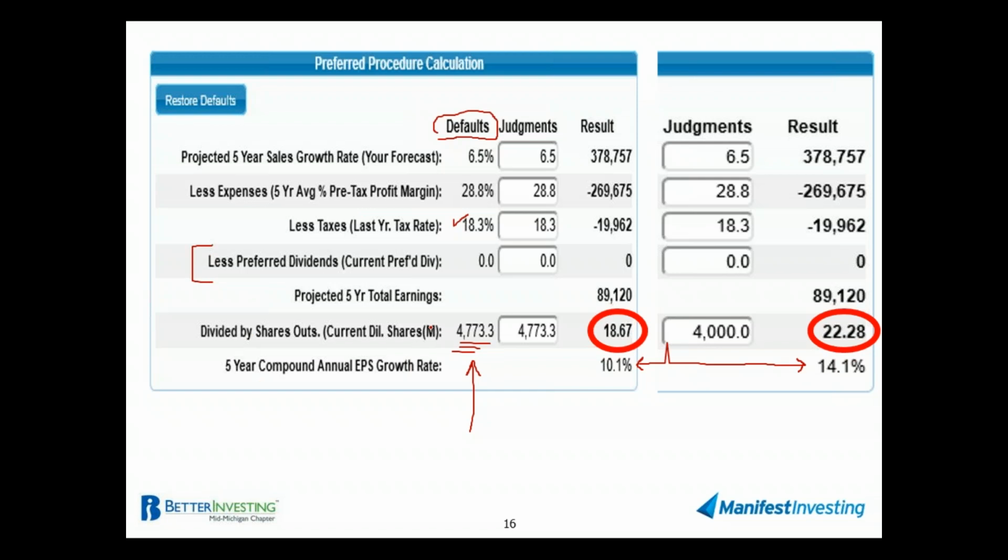The first line is basically what you did when you determined what the sales growth was going to be. So you're going to want to add to that some net profit margins, some pre-tax profit margins, some tax numbers, and especially some shares outstanding numbers.